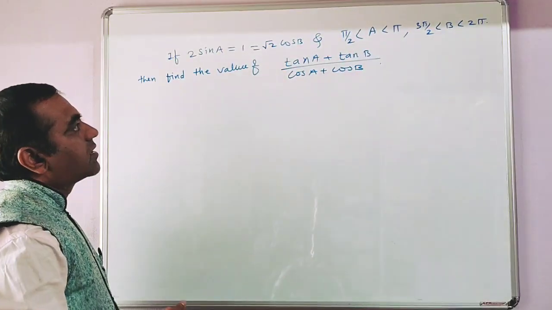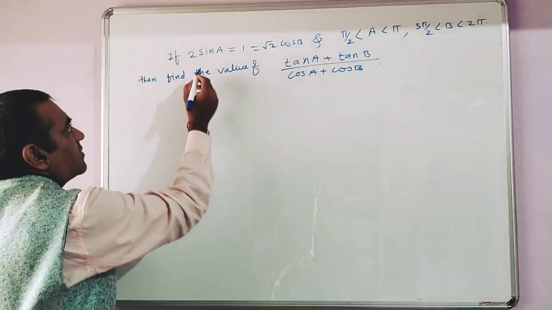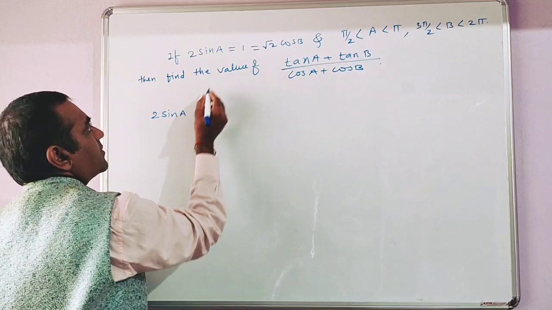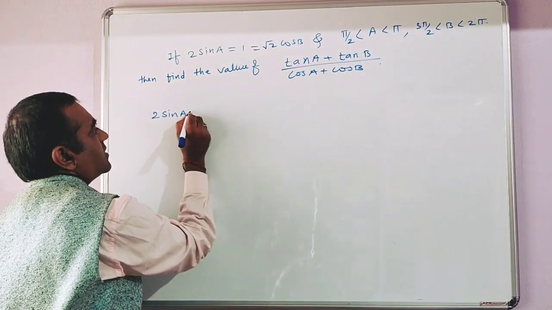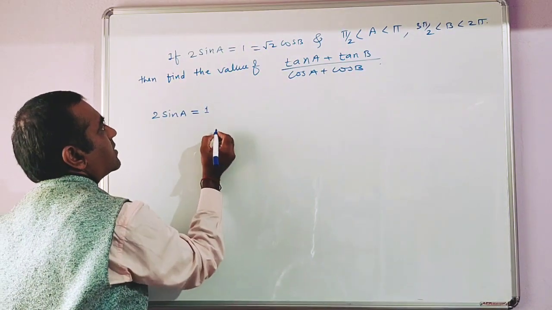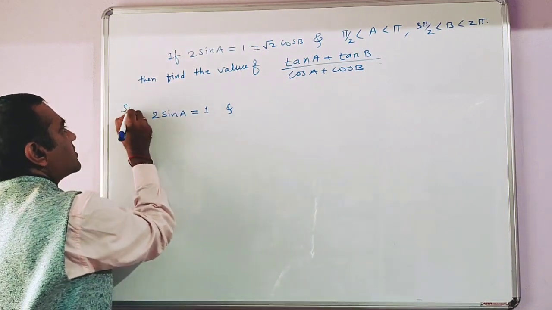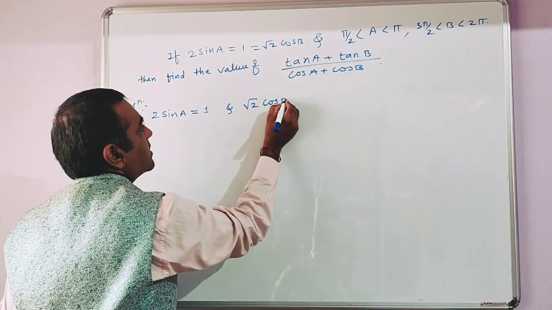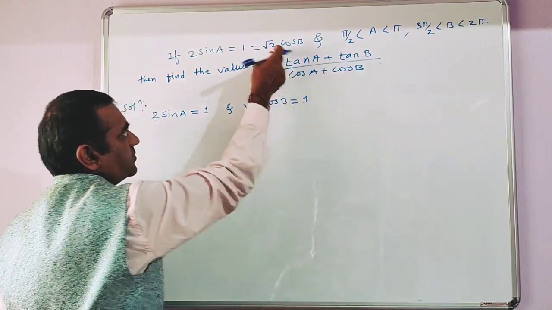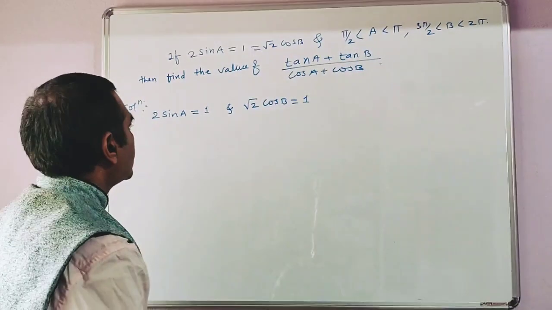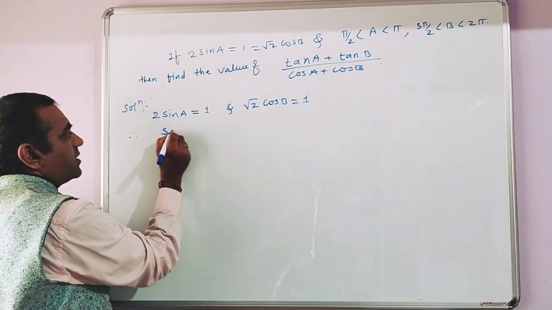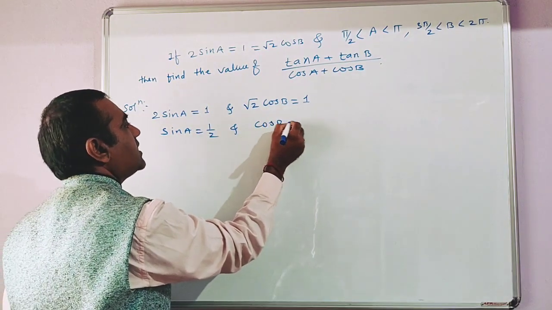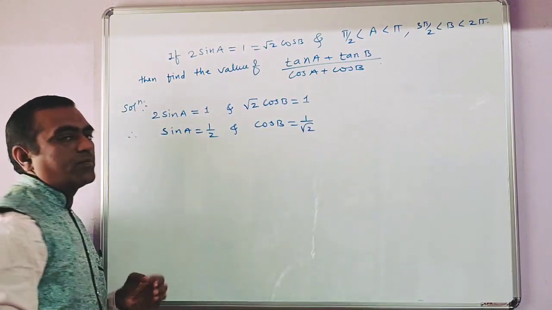Now see what to do here. First, 2 times sin A is equal to 1, and we can have here under root 2 times cos B is equal to 1. So sin A is equal to 1 by 2 and cos B is equal to 1 by root 2.